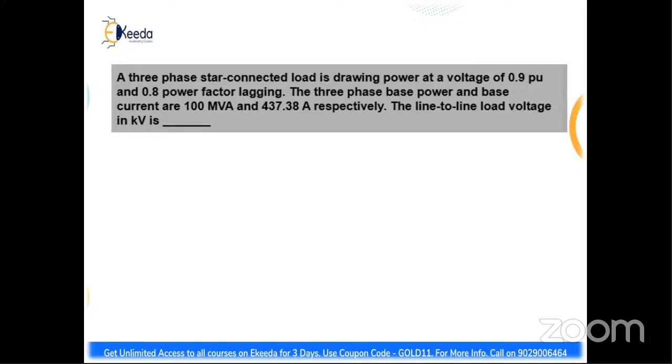The line to line load voltage in kV is, so we have to find out, right? What is the line to line load voltage in kV?